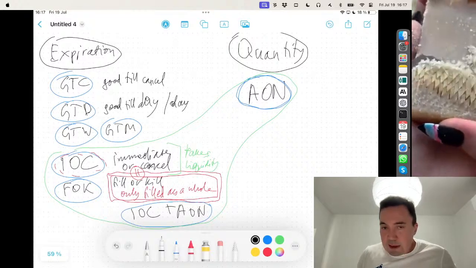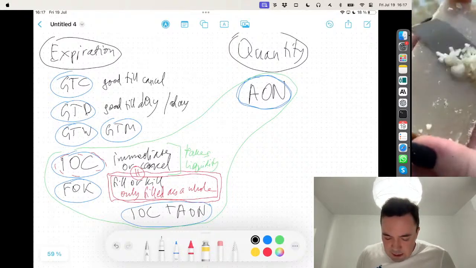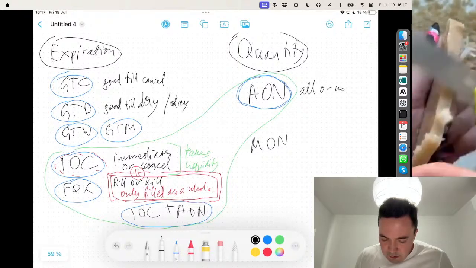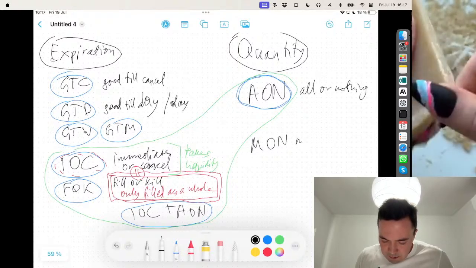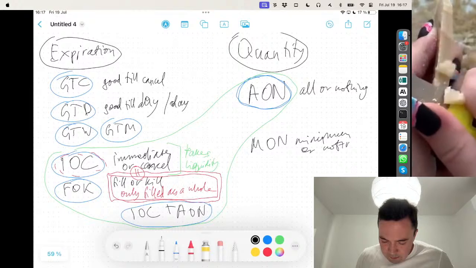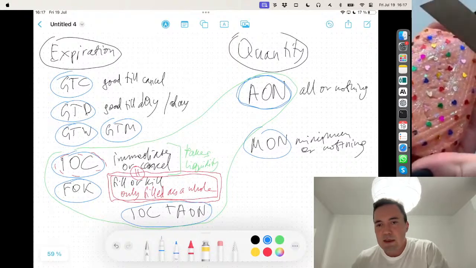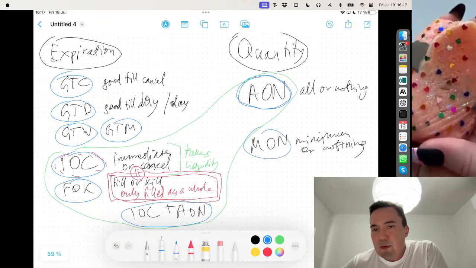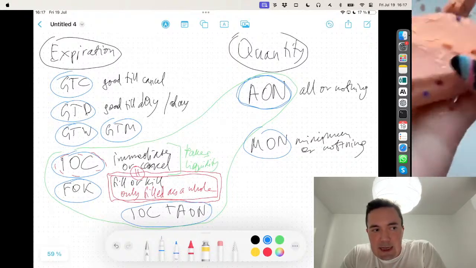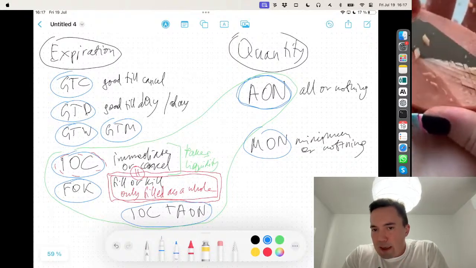Another quantity instruction we could supply is the minimum or nothing. So here's the all or nothing, and here, minimum or nothing. This one is when you supply a minimum quantity that you want to be filled. For example, you say, I want to buy 10 bags of potatoes with the minimum of 3.